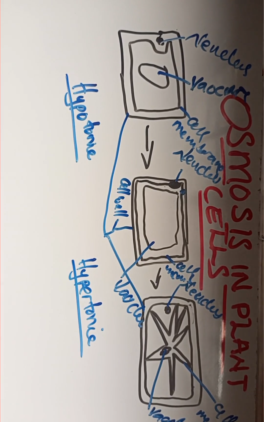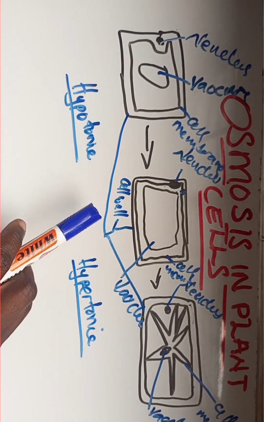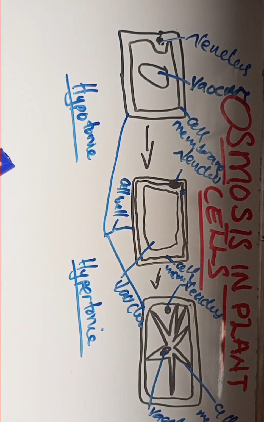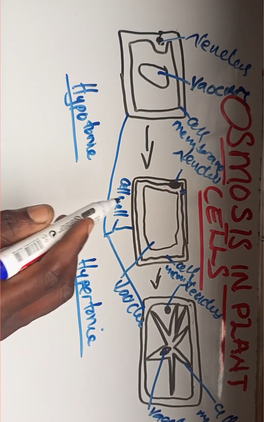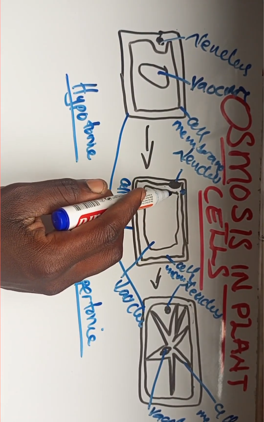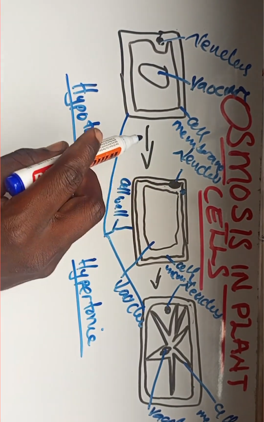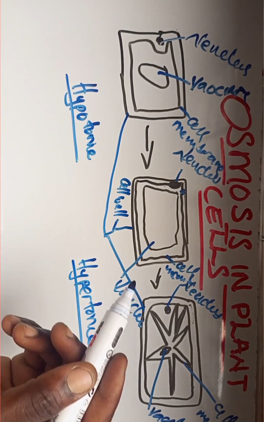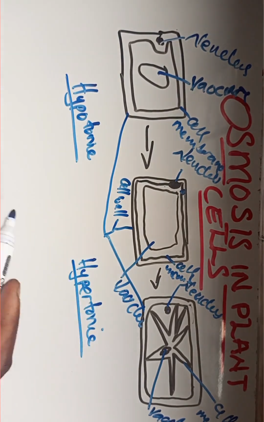From there, the condition where the protoplasm of the plant cell presses against the cell wall, when it gains water, is called turgidity. So when the cell membrane swells and grows bigger, that is called protoplasm.